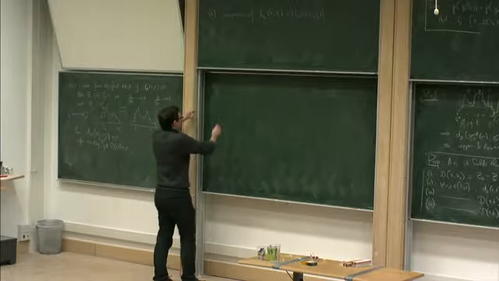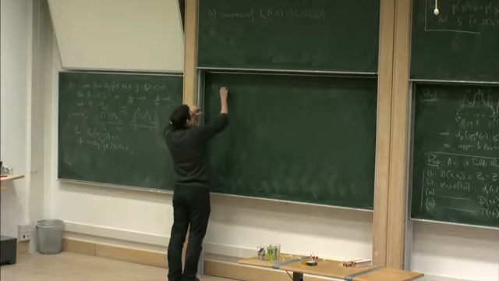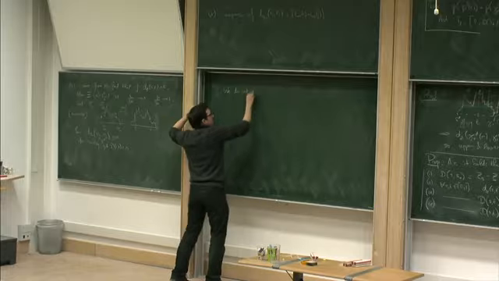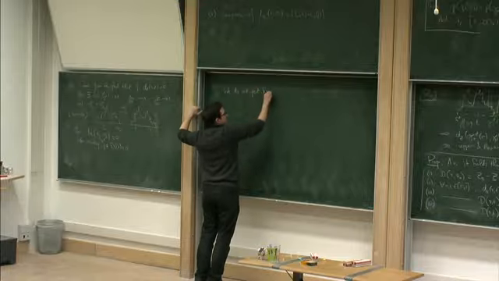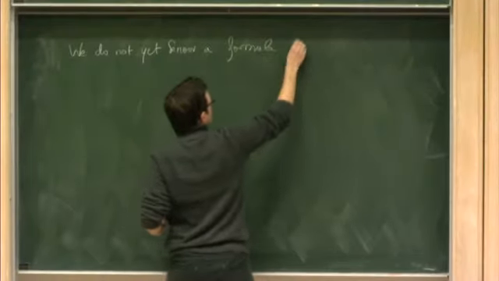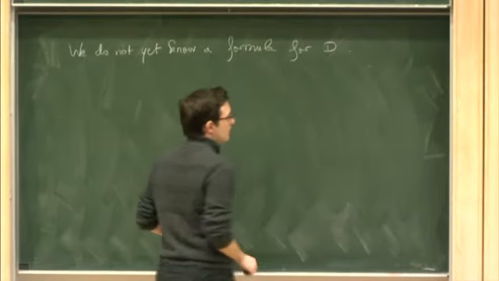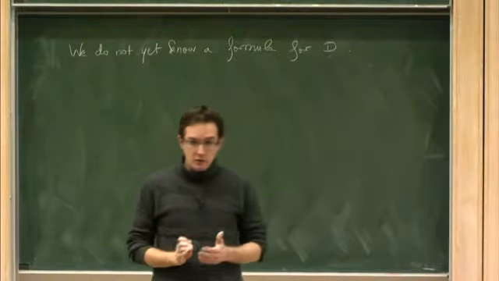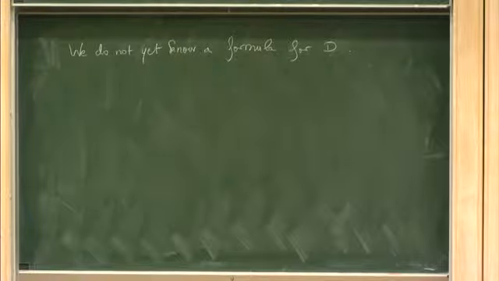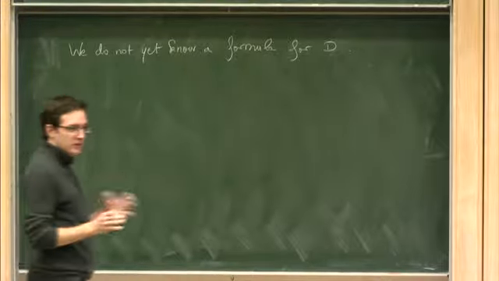Okay, so the problem is that we do not yet know an explicit formula for D, which is in strong contrast with the situation for the CRT, because for the CRT we had the Brownian excursion, and from that we had a completely explicit formula for the distances in the tree.